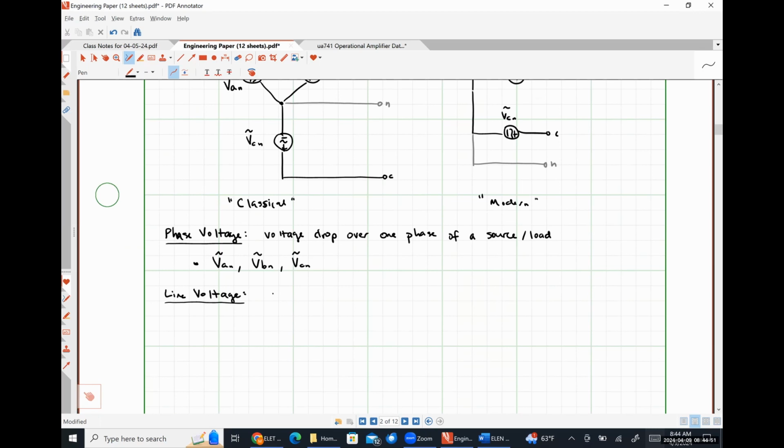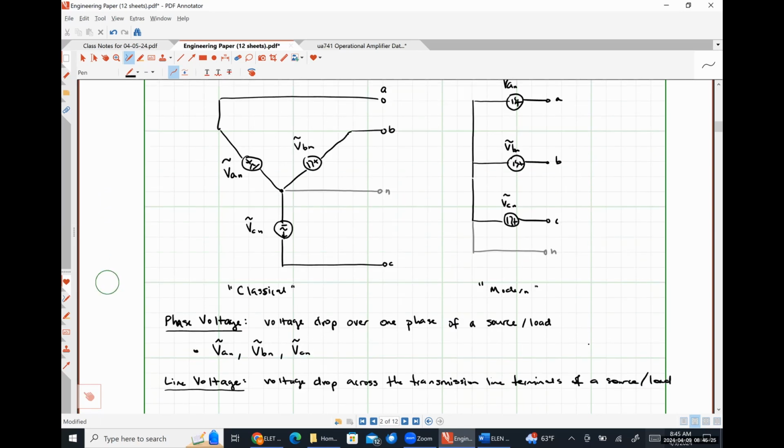A line voltage is a voltage drop across the transmission line terminals of a source or load.